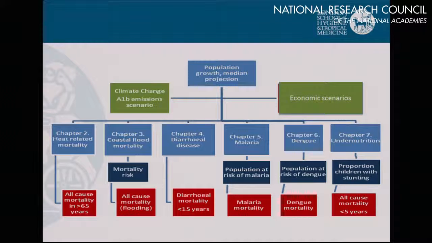But that next step, converting those into deaths, is a non-trivial step. So we had a lot of discussion about the best way to do that, and that again is a novel part of this whole assessment. We can discuss later how we did those steps, okay? But the requirement was to convert it into absolute deaths. And obviously we would like to convert them into DALYs as well, which would give us a different sort of distribution of the impacts.